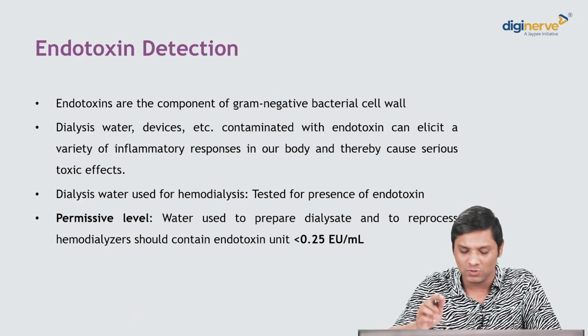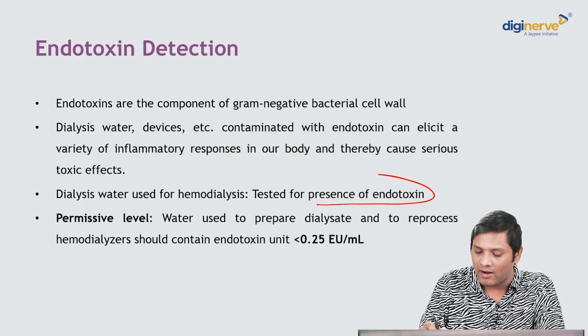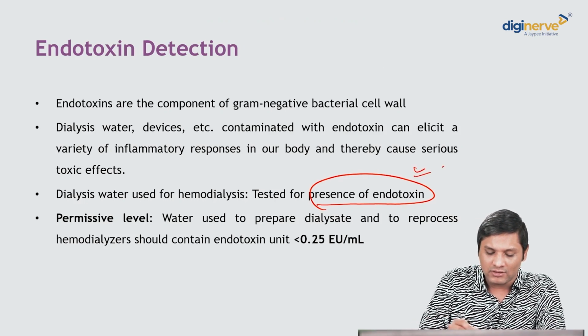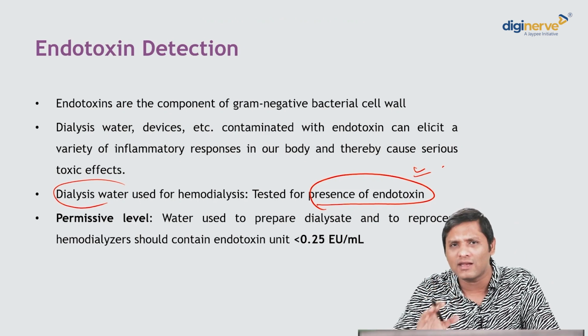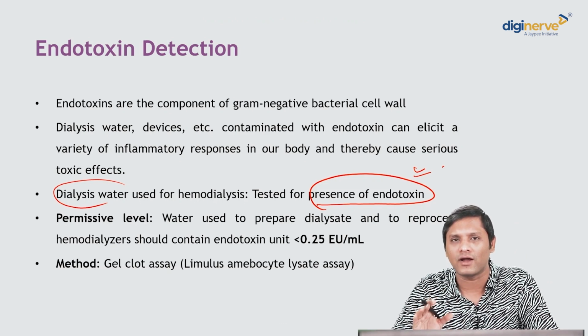So dialysis water should be devoid of bacterial endotoxin. Therefore the dialysis water should be tested for presence of endotoxin. The dialysis water which is used for hemodialysis purposes should be regularly tested for the presence of endotoxin.